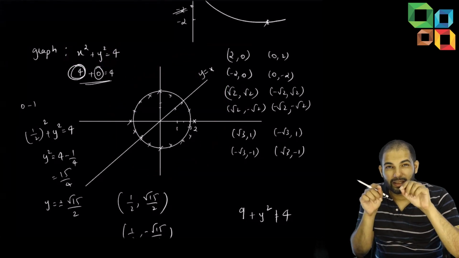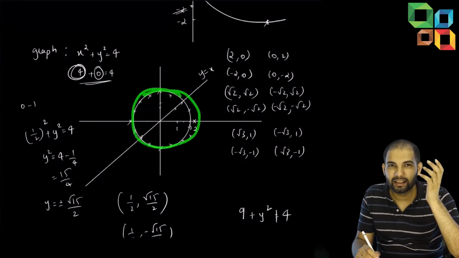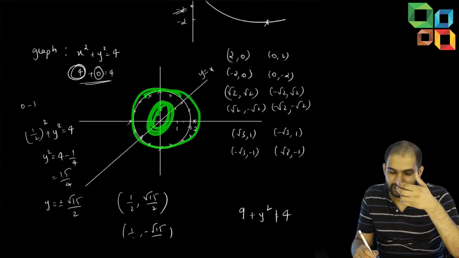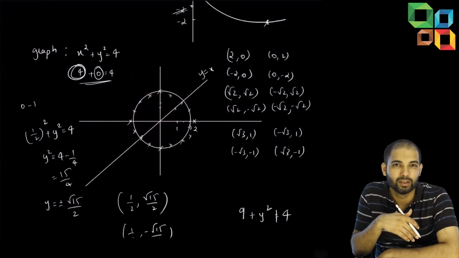Just imagine we're saying it's equal to 4, correct? So equal to 4, that's why we're getting this curve. Anything less or more shouldn't be on that curve, right? Otherwise, we are drawing the wrong graph. So what happens if it's less? All the points inside the circle are certainly less than 4, right? And all the points outside the circle are greater than 4, right?